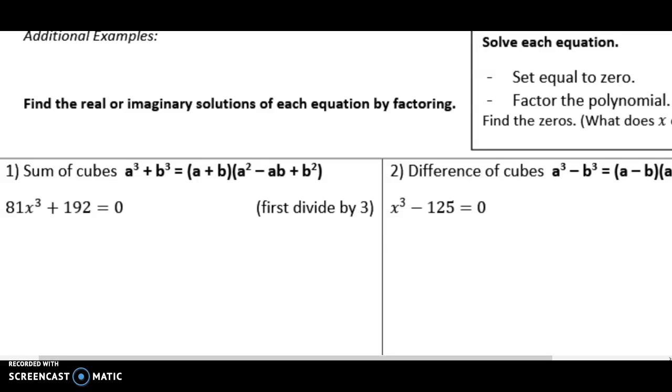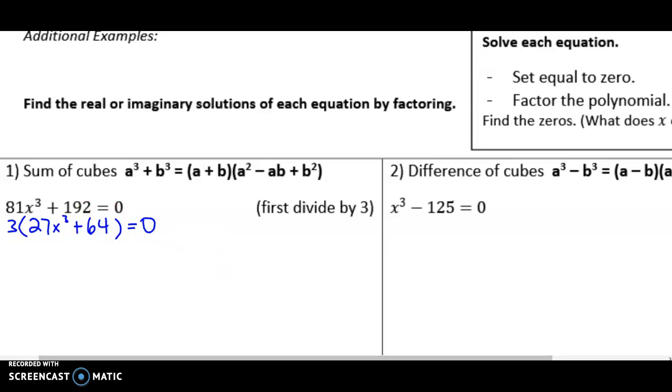All right, we're going to look at another sum of cubes problem, but we're going to take it to the next step. Instead of just factoring it, we're going to continue on until we solve it. We want to find out what x should be. One like this, if you can recognize that you can take a 3 out right away, to take out that greatest common factor, really what you're doing is pulling it out of both of them. So you get 27x to the 3rd plus 64.